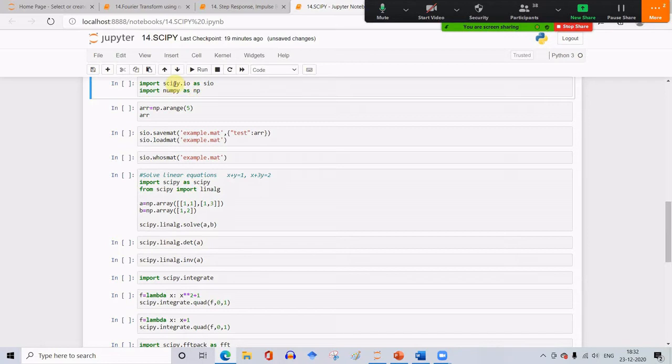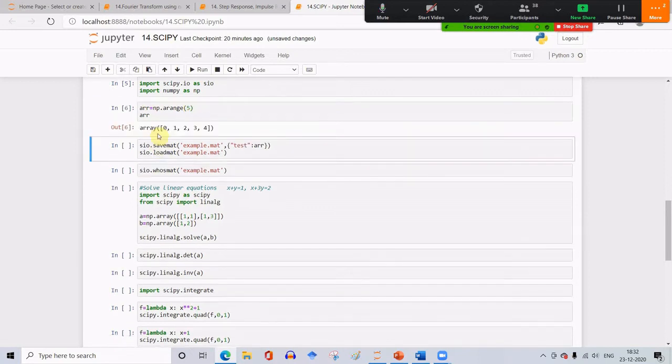So how to use this input output? See, any subpackage you want to use, you just have to import that particular subpackage and start using it. So here in this cell I am importing scipy.io as SIO, and along with that numpy already I have imported. So let me run this cell. Then first to demonstrate this IO, I am arranging as an array numbers from 0 to 5.